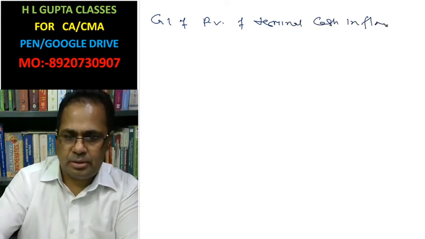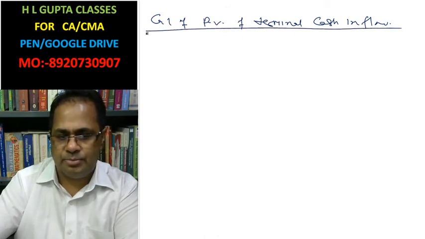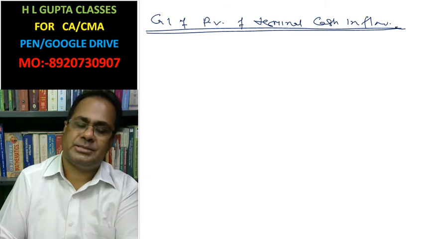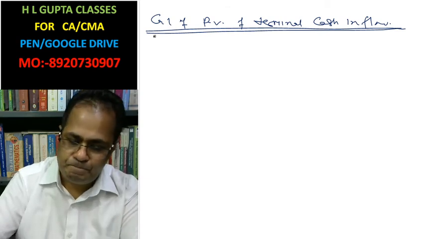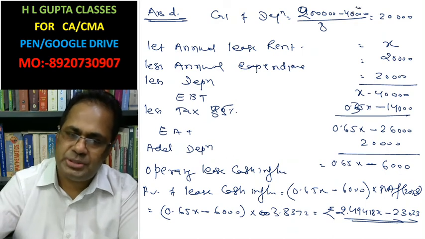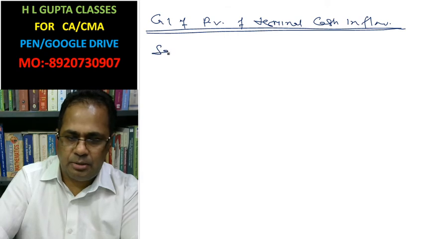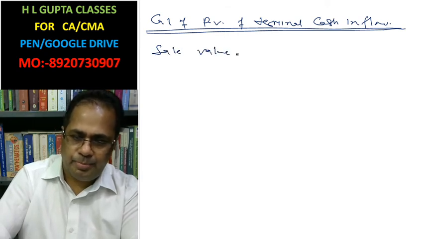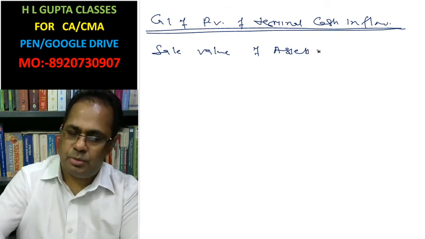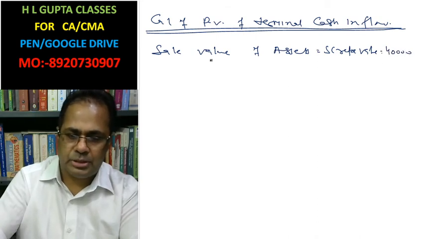In this case, your scrap value 40,000 is assumed to be the sale value of assets, that is 40,000.